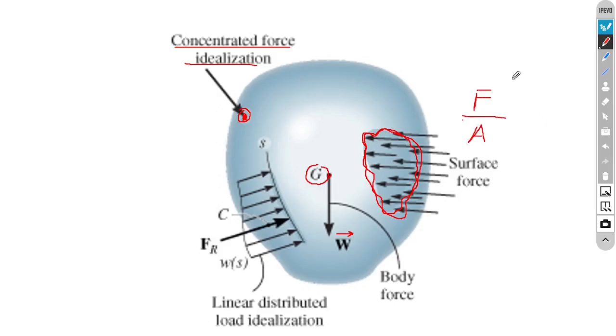Surface pressure is given instead of the magnitude of the force. In the SI unit system, force per unit area, in honor of the scientist Pascal, is expressed as Pascal, newtons per meter squared. Instead of saying newtons per meter squared, we say Pascal.